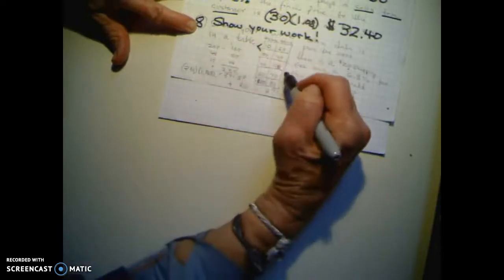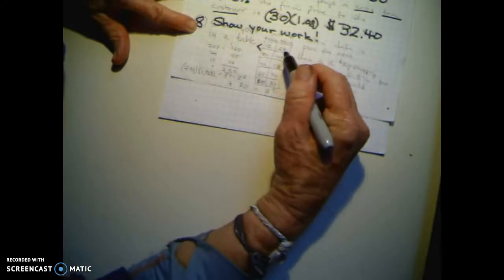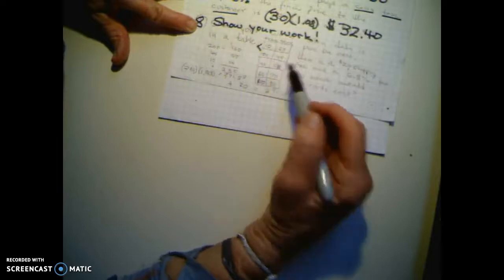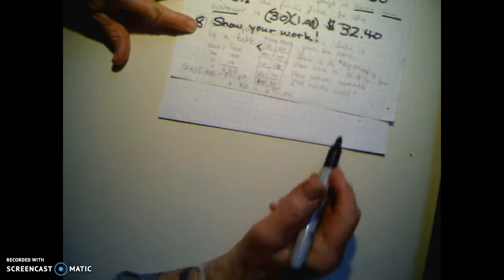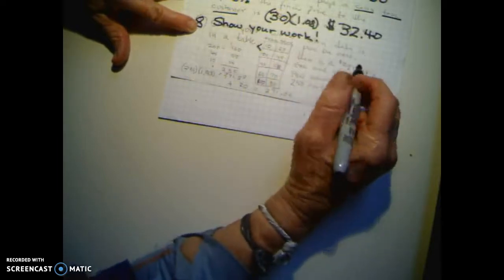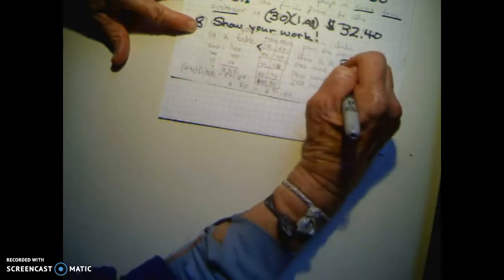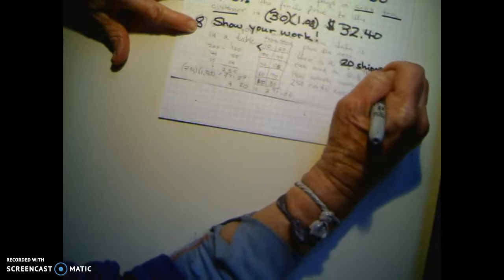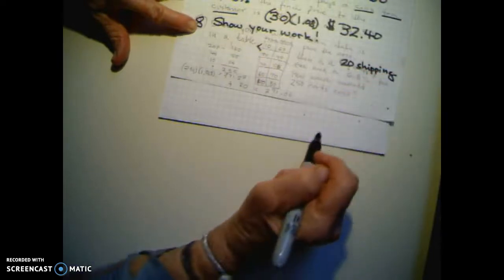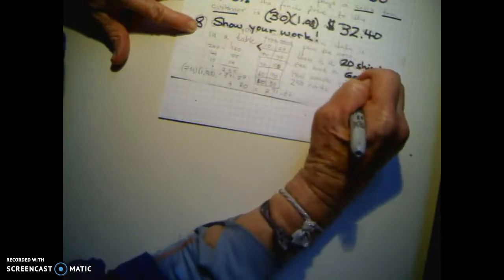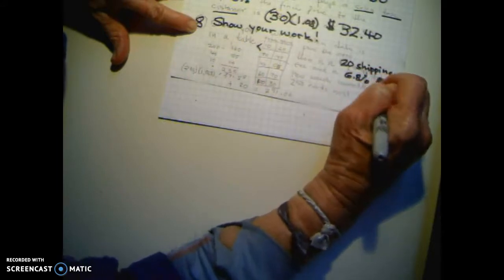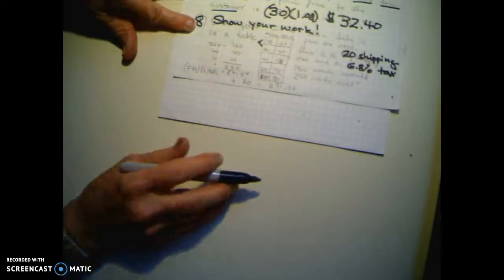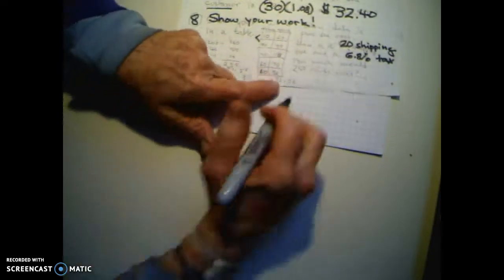So these tickets are obviously discounted. It's not a proportional relationship because it changes. The more you buy, the cheaper the ticket becomes. So in this particular case, you also have a $20 shipping charge. I'm not sure how we're going to ship the tickets, but you have a shipping charge and you have a 6.8% tax.